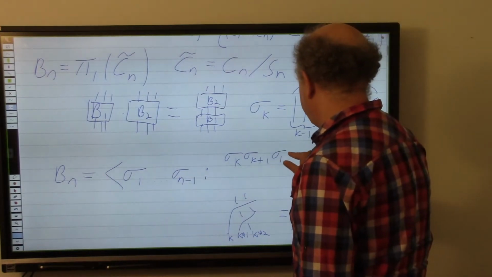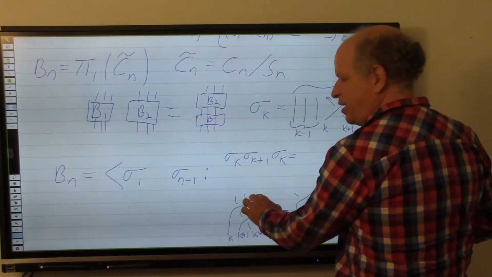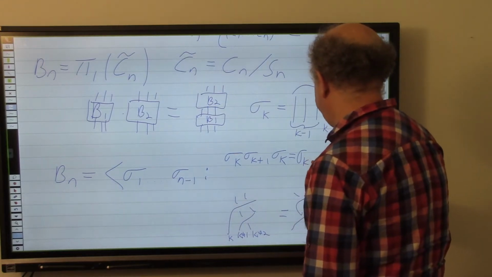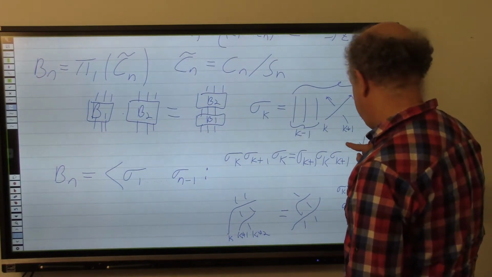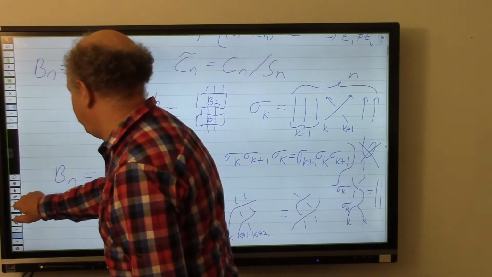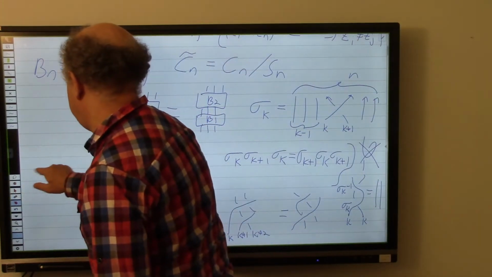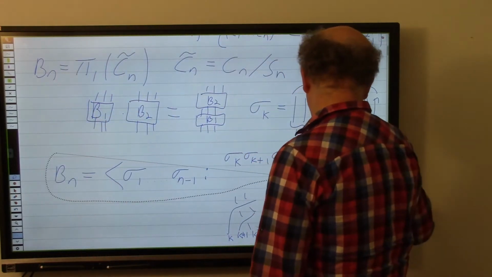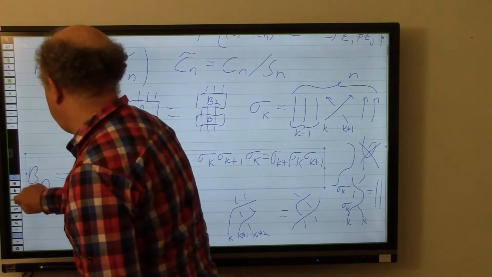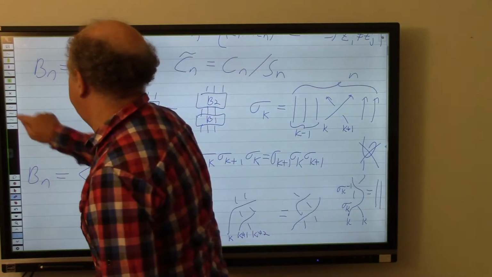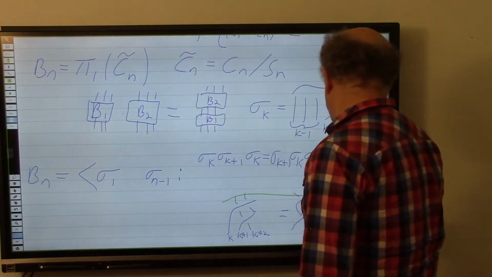That is equal to starting with a switch in position k plus 1, then in position k, then in position k plus 1. So this is Reidemeister 3.